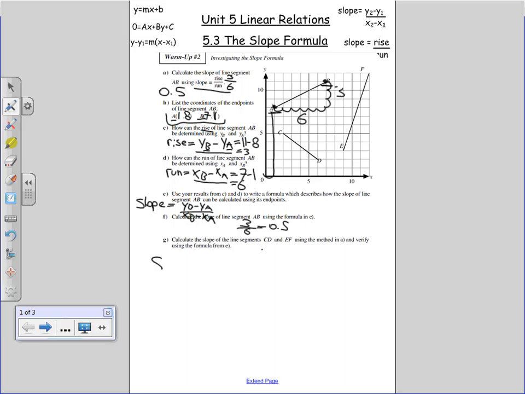So, slope is equal to the y value of C minus the y value of D. Which means on the bottom you have to have it the same way but with x's. So it has to be xc minus xd. Has to always be the same order. You can't flip it.